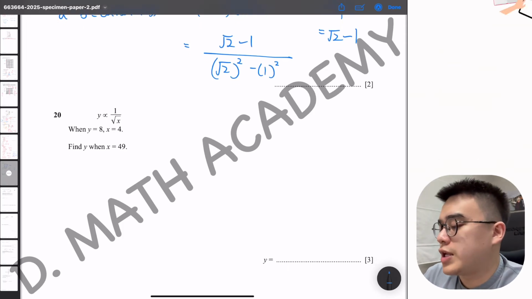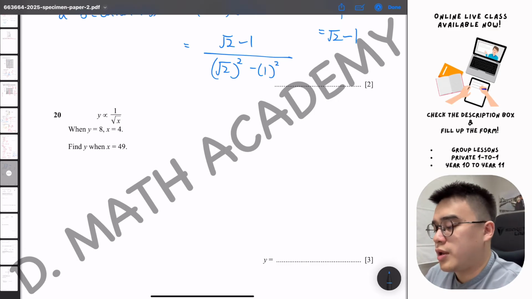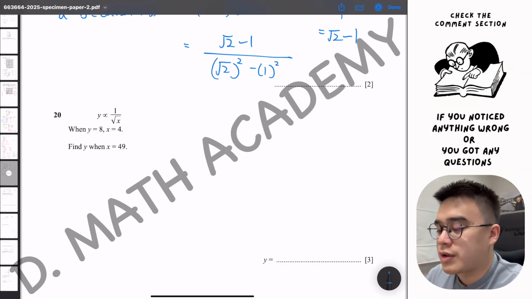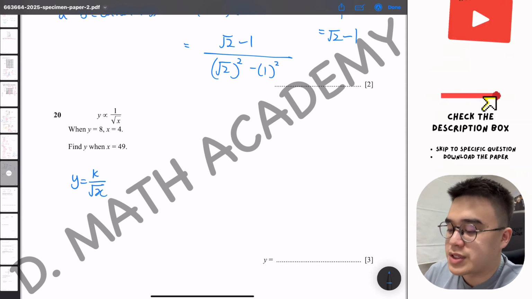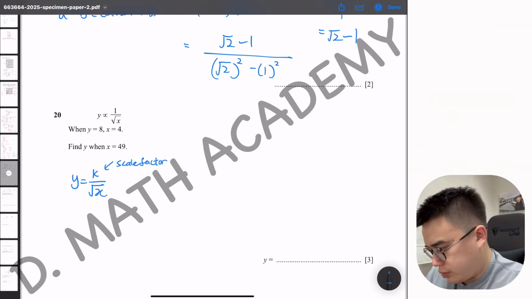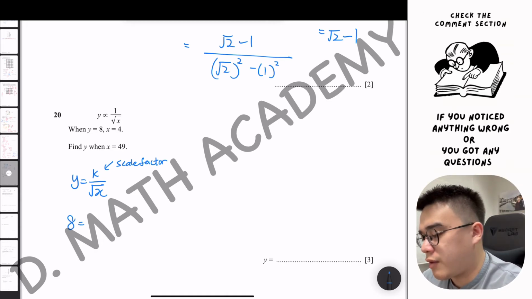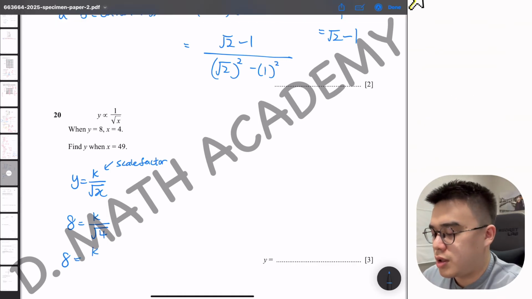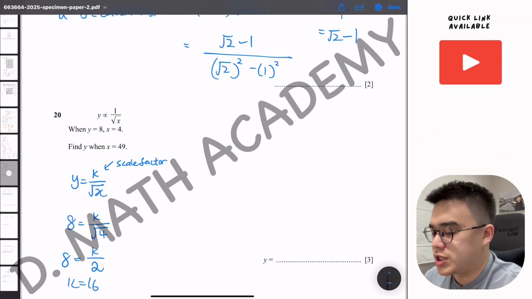Question 20 is inverse proportion. They didn't write it out in detail, so please take note that you're supposed to find the scale factor that is missing here, which is the k. So time to put in the numbers. We have 8, we have 4. When you sort it out, you will get 2, so k equals 16.